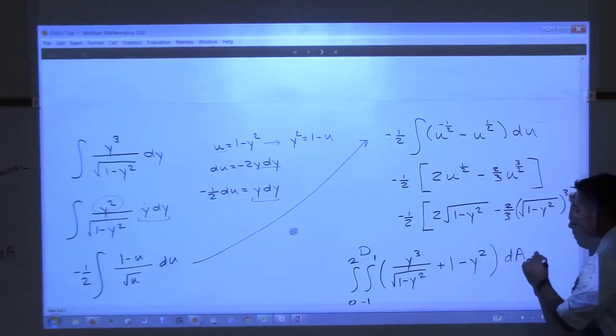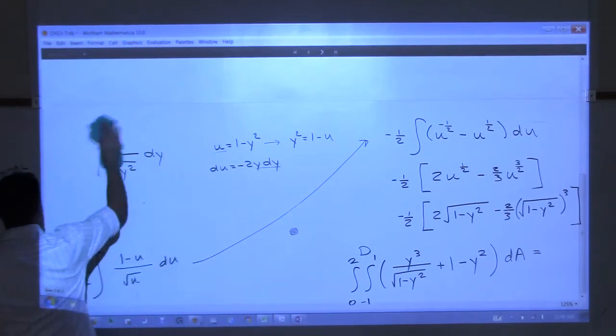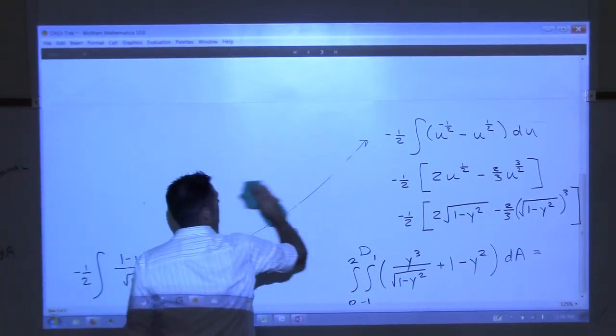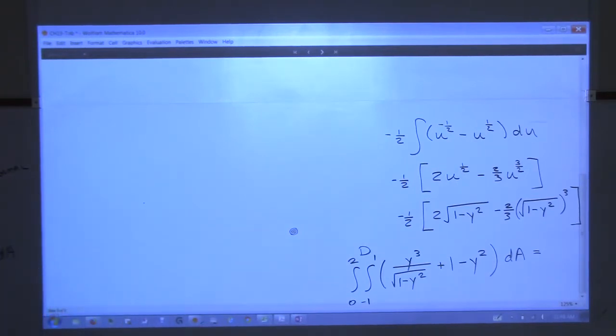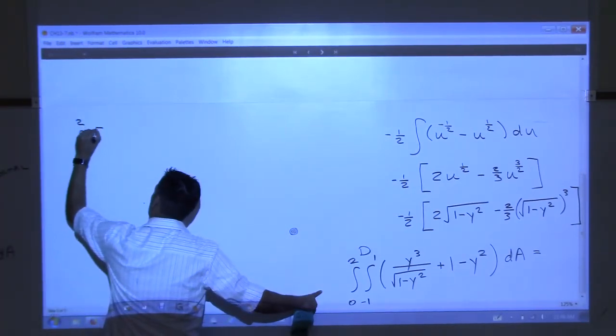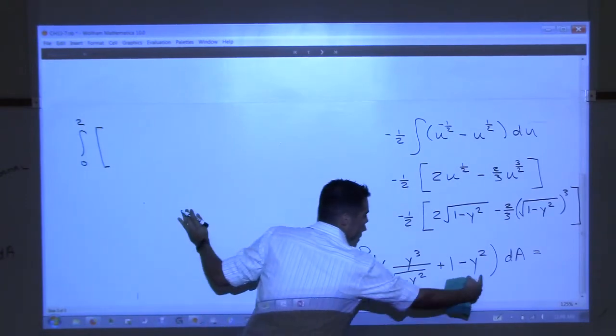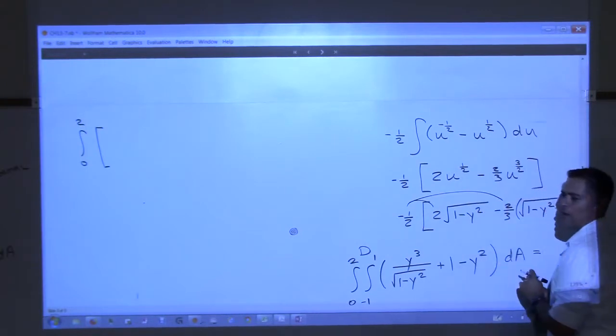All right, so now I'm going to continue this. This is equal to... I only have to, well, I'm going to have to integrate with respect to x after this, but only with respect to y one time. OK, so I'm going to have the outer integral 0 to 2, and then the inner integral, right? This right here turns out to be, and let me distribute this constant through. Is that all right?